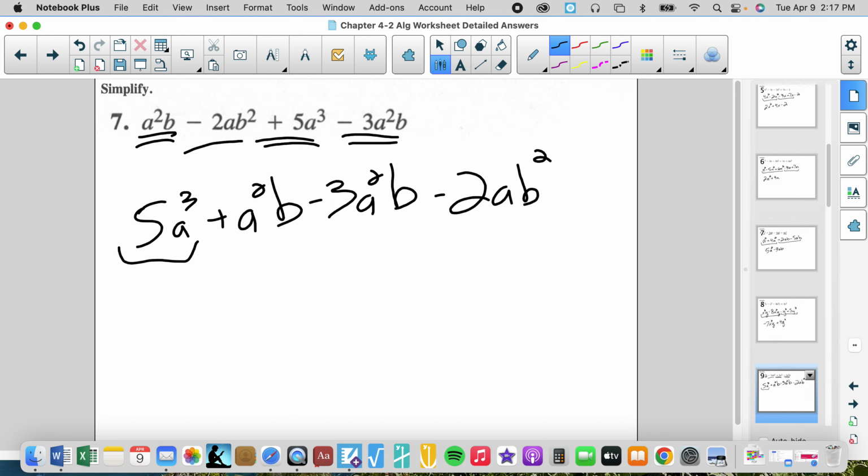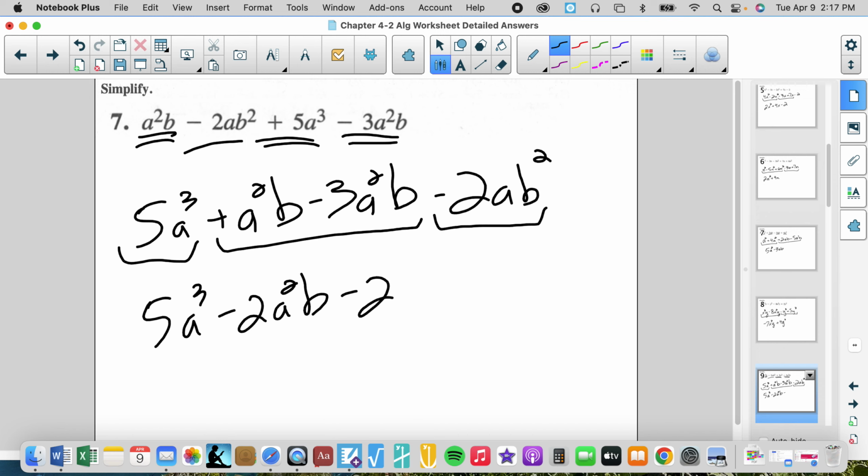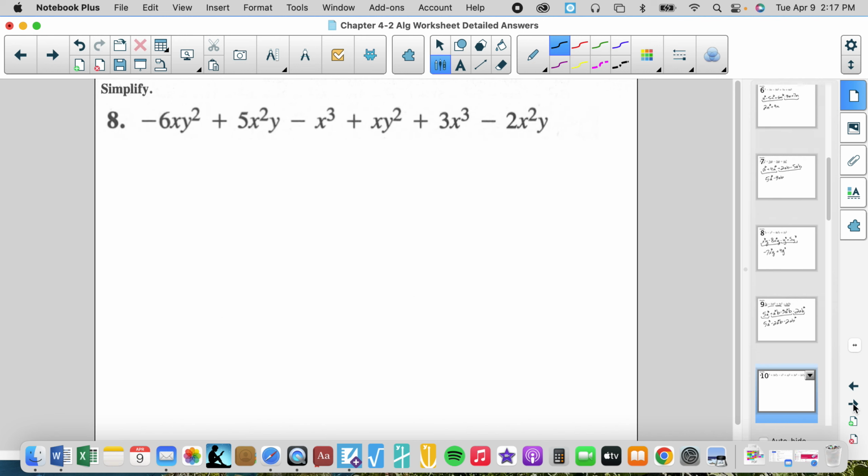No like terms, so 5a cubed. You have a squared b, which is negative 2a squared b, and then this doesn't have a partner either. So those are unlike terms. We cannot combine any of those. That will be my final answer.